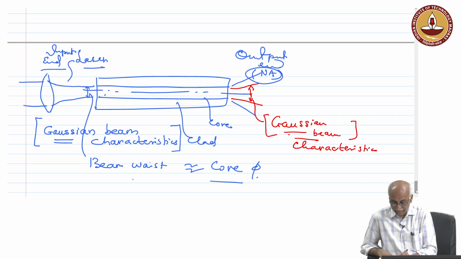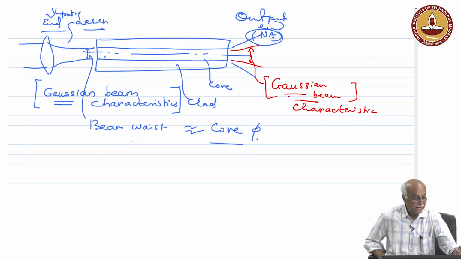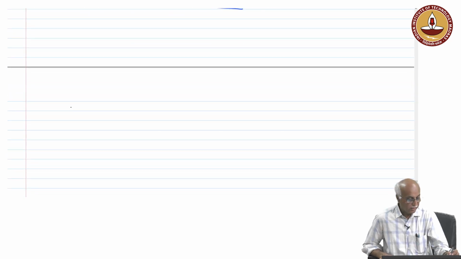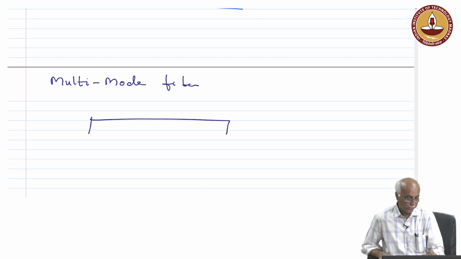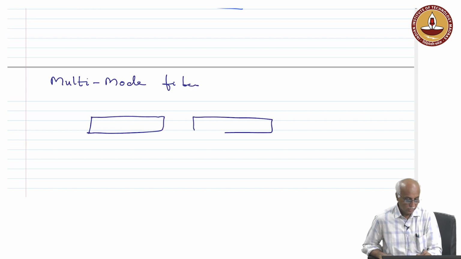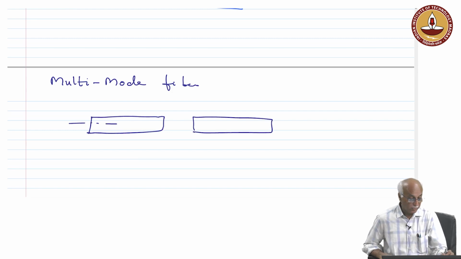Secondly, when we are coupling light between two fibers, let's say it's a multimode fiber, and when we couple light between two fibers, what will happen?